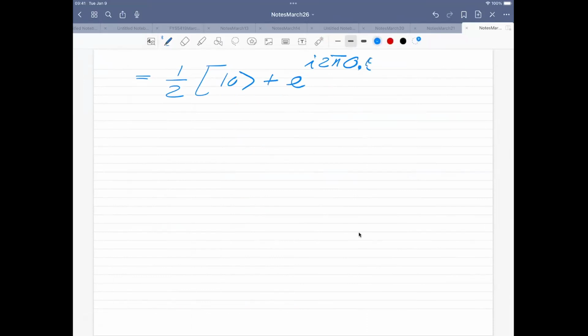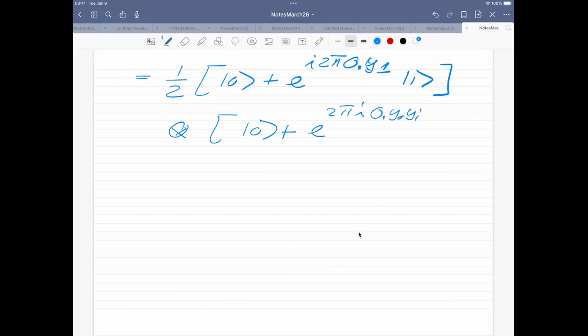So let's write that one, y1, multiplied with 1 here, and then we take a tensor product with 0 plus e of 2 pi i, and then I have 0, and then I have y0 and y1. So this is a little bit more compact expression than the one we had previously.